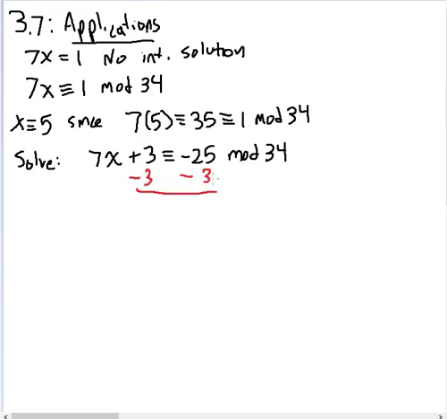I'm going to subtract 3 on both sides, and I'm going to end up with 7x is congruent to negative 28 mod 34. I don't want to have numbers that are anything other than something between 0 and 33. So I'm going to add 34 to this negative 28 to correct it. And when I do that, I get 6.